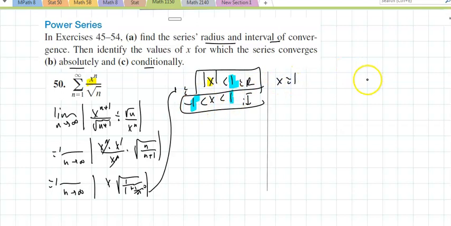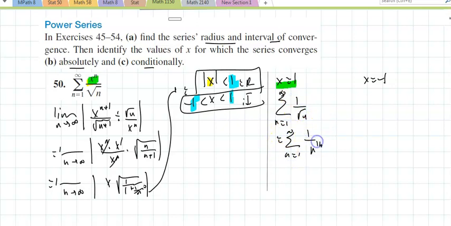So if I get 1 and negative 1, what happens? If I take x and replace x by 1, that will be the series n equal 1 to infinity of 1 over radical n. This is the series n equal 1 to infinity of 1 over n to the 1/2. P equal 1/2 less than 1, therefore diverge.